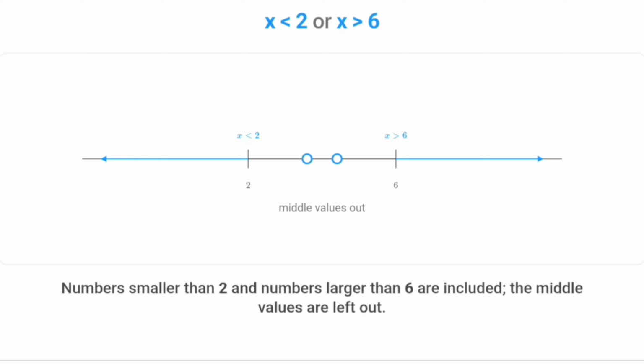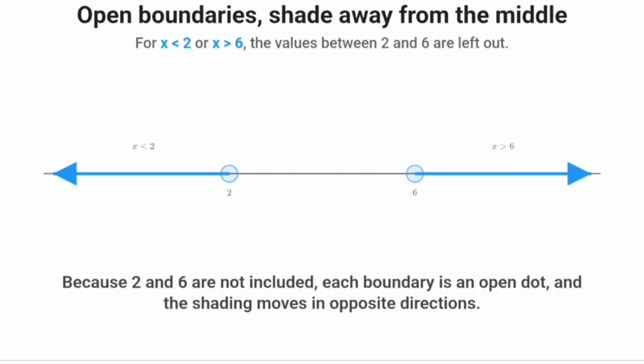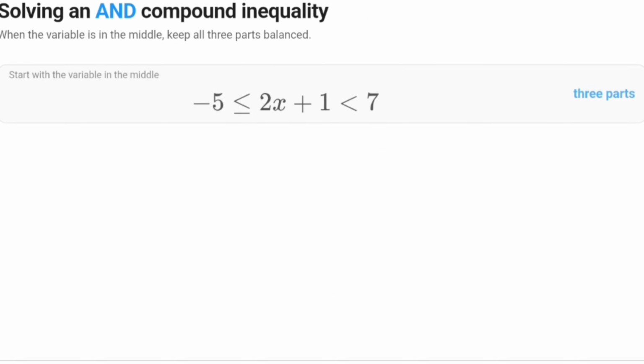Because 2 and 6 are not included in that statement, the graph uses open dots at both boundaries and shades away from the middle in opposite directions. A rule such as a diameter less than 1 centimeter or greater than 1.5 centimeters is an or inequality because values from either outside range are accepted.